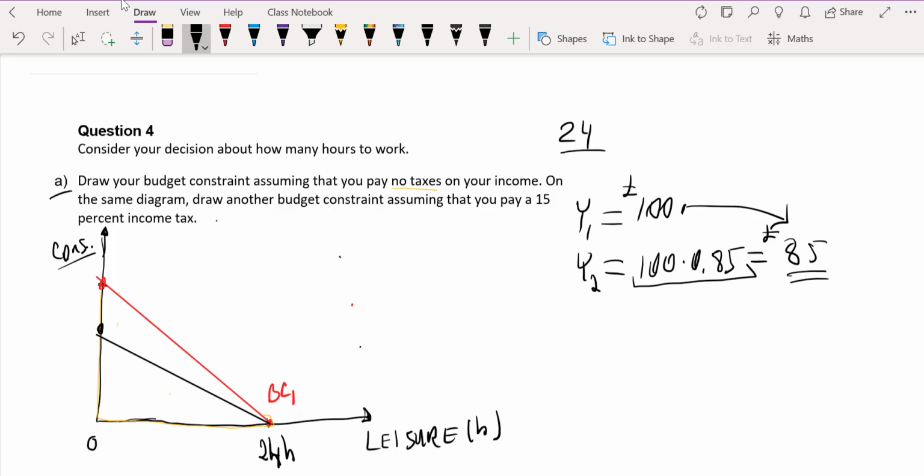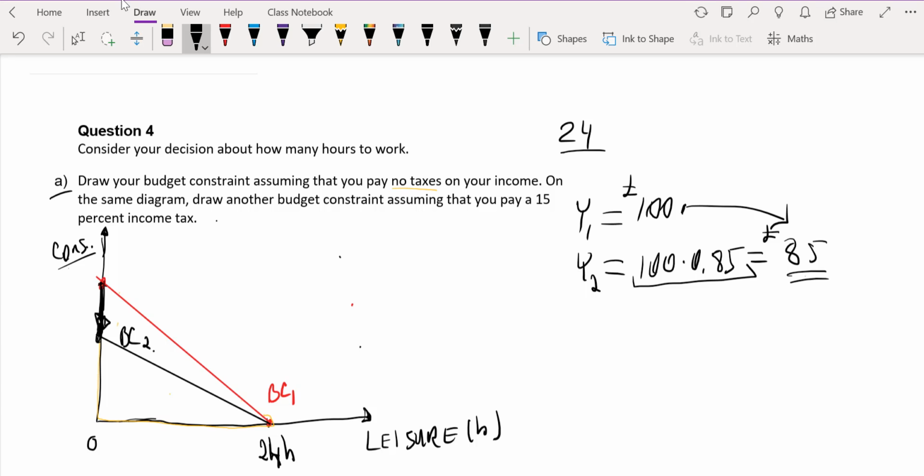That's my budget constraint 2. The consumption dropped because now I have less income after taxation, so I will be able to enjoy less consumption. So there is a decrease down to this point in my affordability. In terms of time, I haven't made any decision.